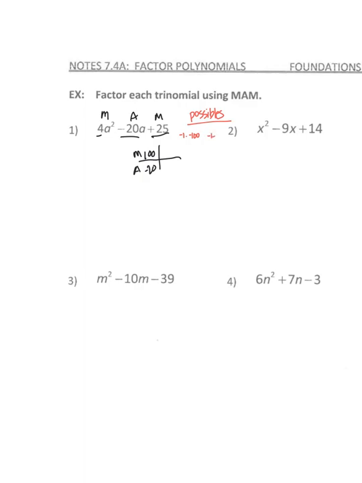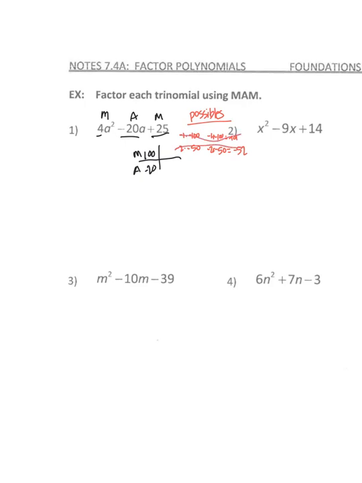Well, those add to give me a negative 101. Let's try negative 2 times negative 50. Negative 2 plus negative 50 gives me negative 52. So it's not that one, it's not our first one.